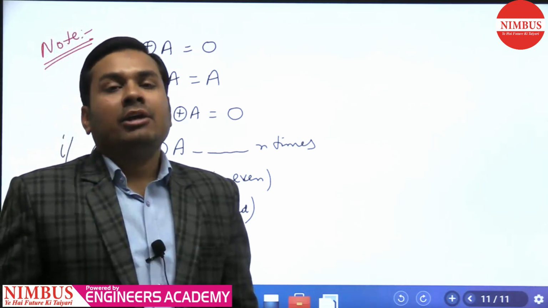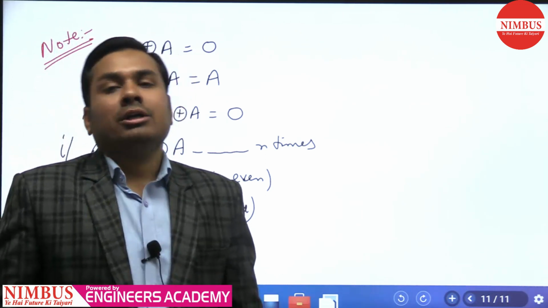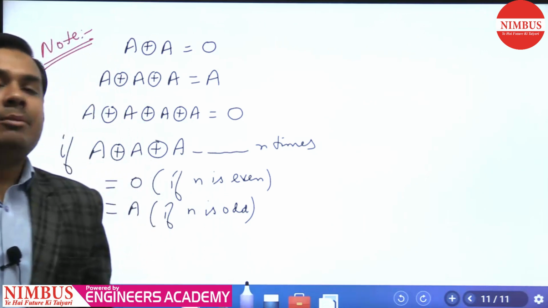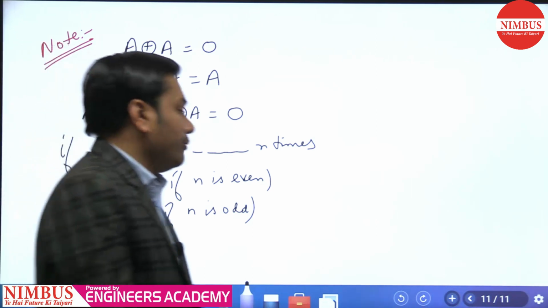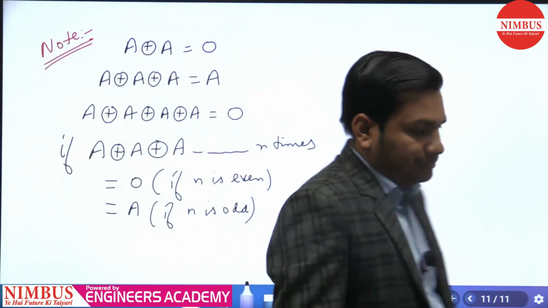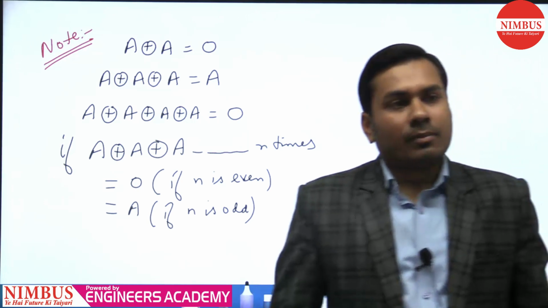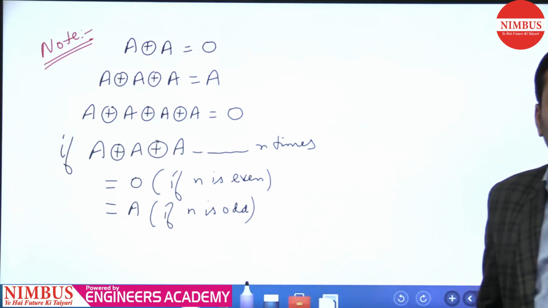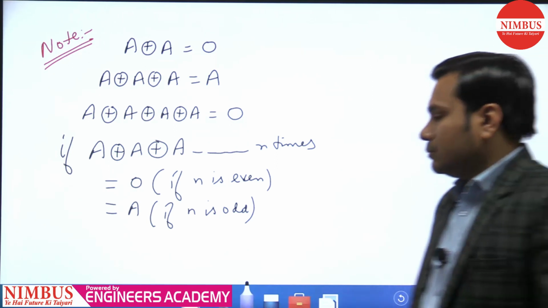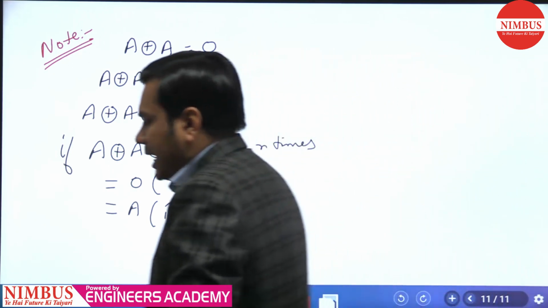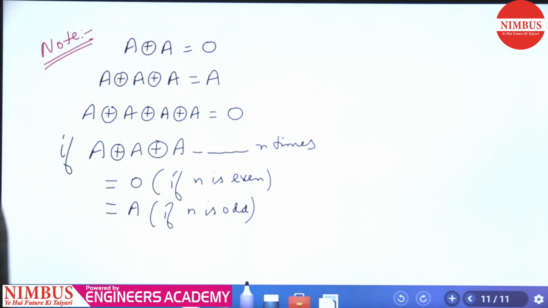If n is odd, then the output will be the same input, that is A. Right? That is also an important note for the questions.